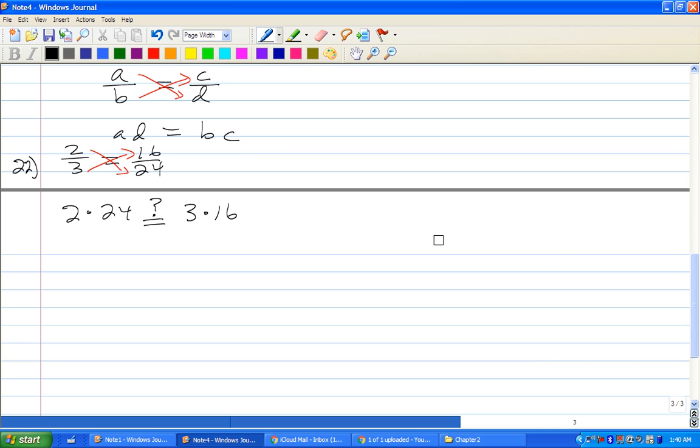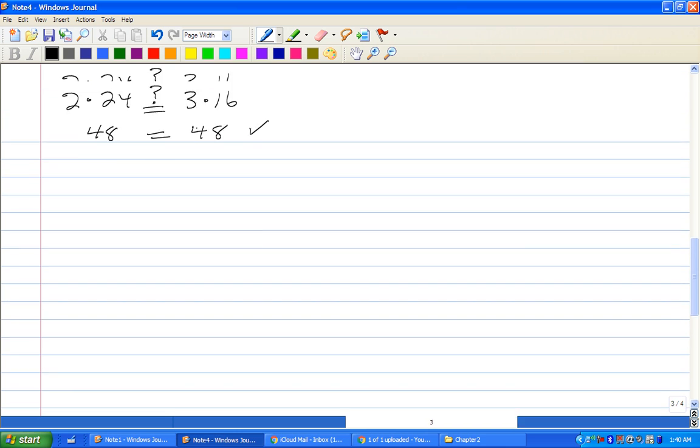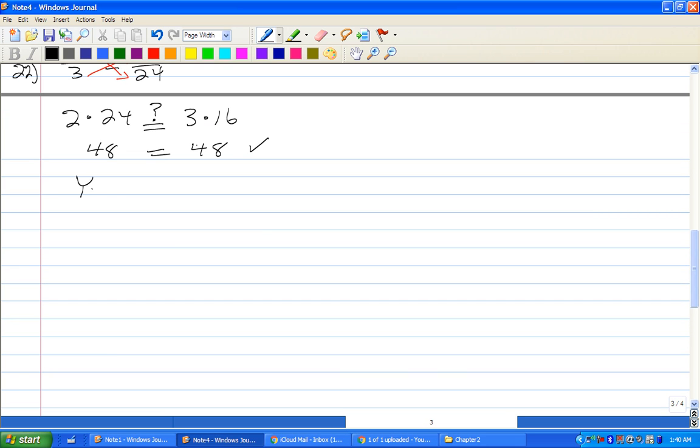If it's not a true statement, then what you've written is false. 2 times 24 is 48. 3 times 16 is 48. So indeed, they are equal. And so yes, this is a true proportion.